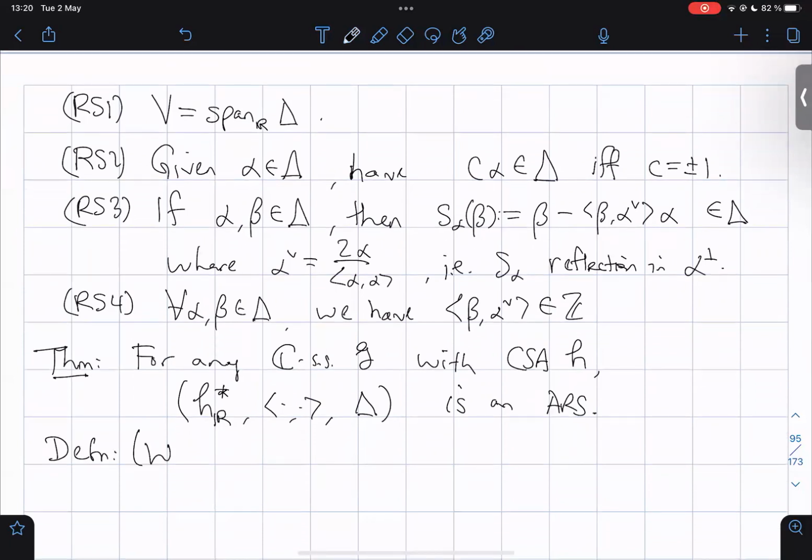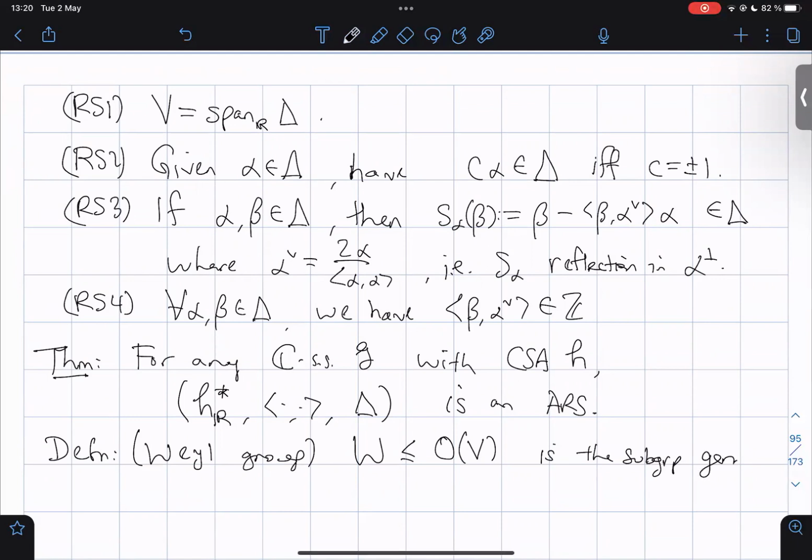By starting in this abstract root system setting, you could define what the Weyl group is, not in terms of normalizer mod centralizer, but as the subgroup inside the orthogonal group of V generated by all these root reflections.